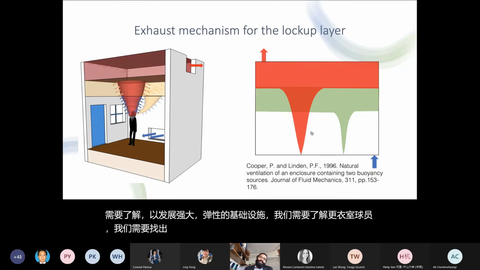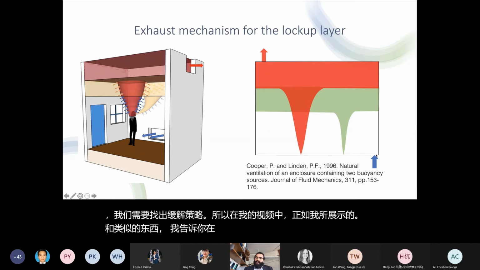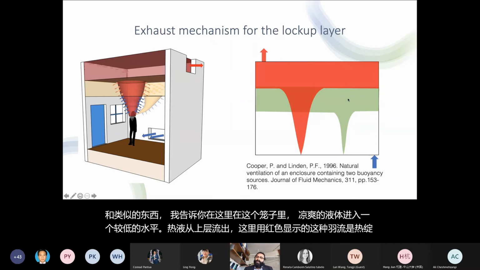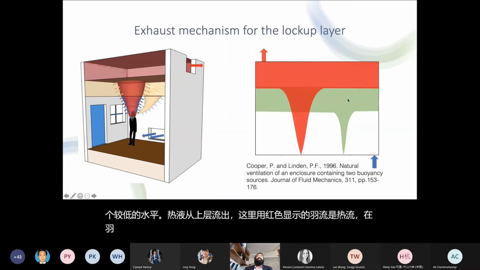So in my video, as I have shown, a similar thing I'm showing you here in this sketch: the cold fluid enters at a lower level, hot fluid comes out of the upper level, and this plume shown in red is the hot plume, whereas the plume in green is the less hot fluid, which is stratified below the hot fluid.